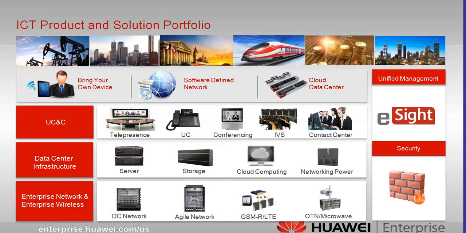We also have a wide enterprise portfolio with servers, storage, networking, both campus as well as core networks, security products, unified management, etc. And so quite a wide range of products that we offer across the board for all of your enterprise needs. So that's a little bit about who Huawei is.